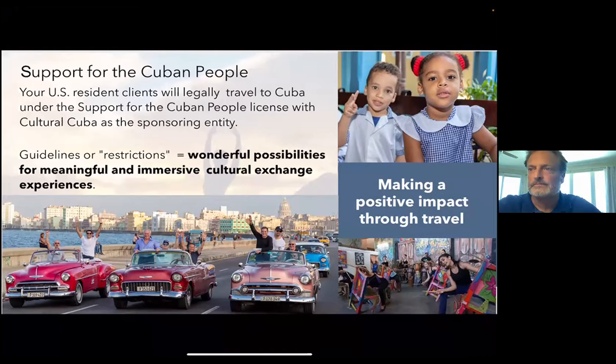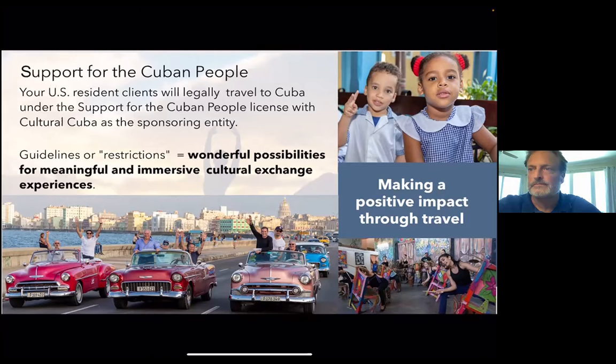And it also happens to be, for those of you on the call who are US travel advisors, the legal license that our clients will travel to Cuba under. From the US perspective, what it means is that the vast majority of money that an American spends while traveling to Cuba should go to the people of Cuba and not the government. That's the gist of it.